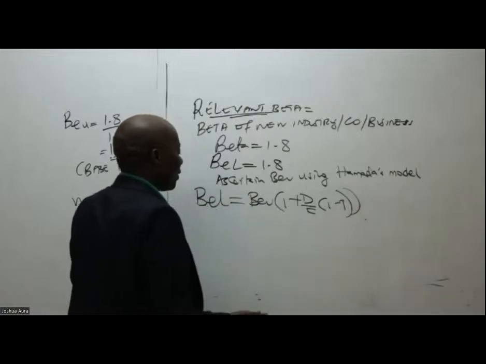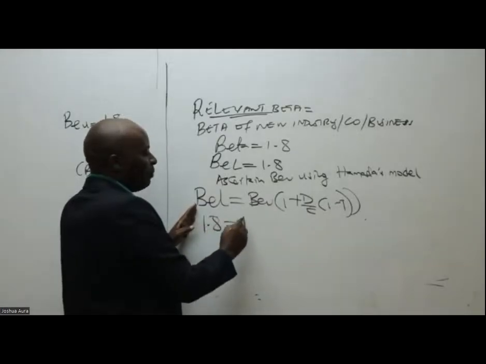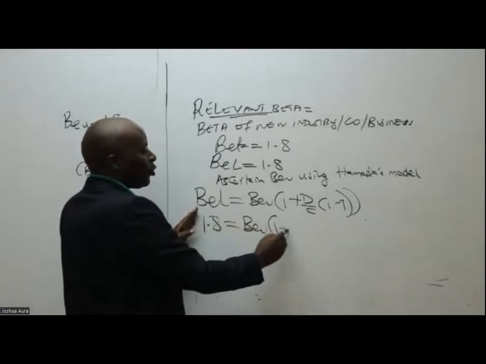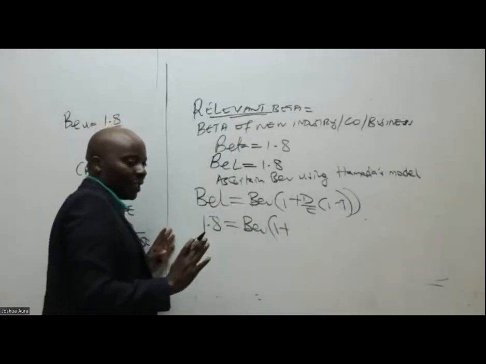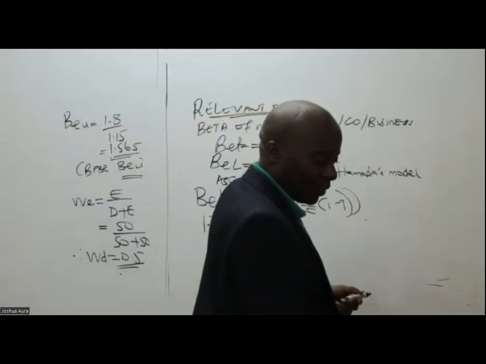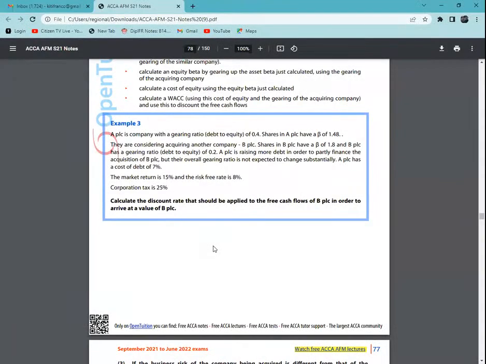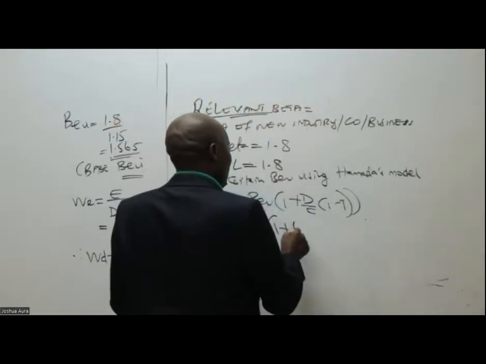So whatever we have here is our BEL, 1.8. BEU is what I'm looking for, times 1 plus the debt to equity. Remember everything here is about the new business, new industry. In this question, they have given me the debt to equity of this new business. They've told me the debt to equity is 0.2. So debt over equity is 0.2.